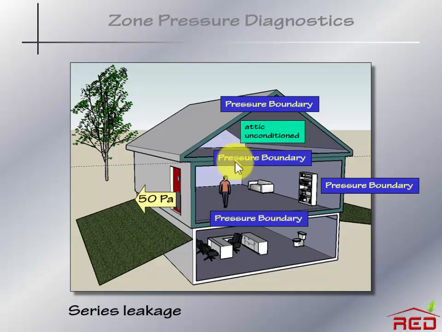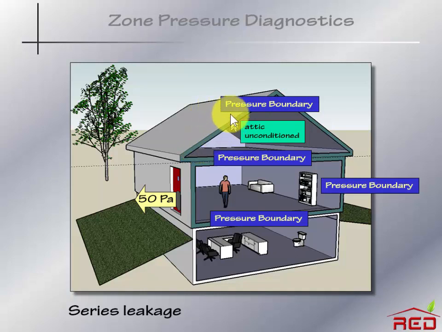We can actually come upon a metric that gives us the number of square inches in this pressure boundary, and we can do the same for this pressure boundary from the attic to the outdoors. Again, we can determine the leakiness of it and get the metric of square inches of leakage.